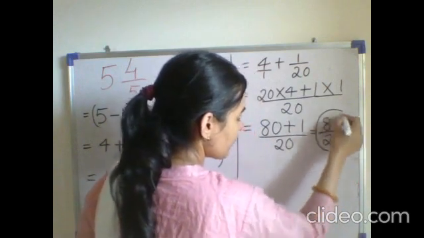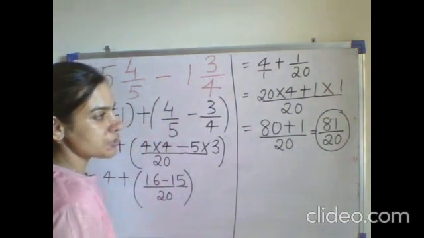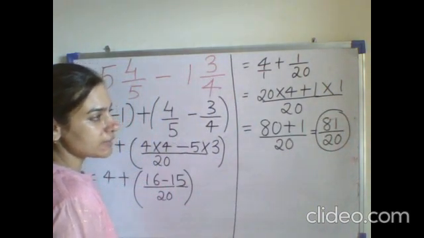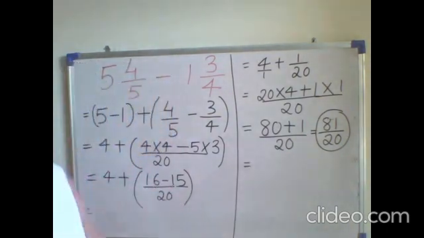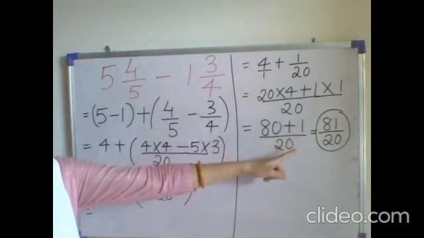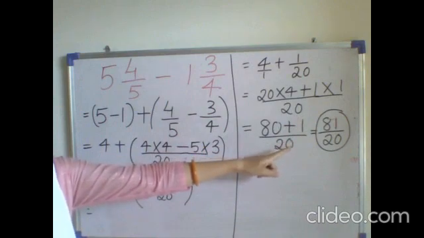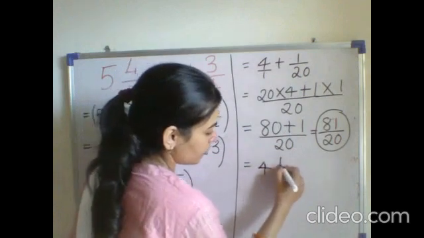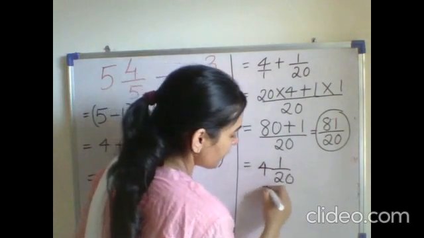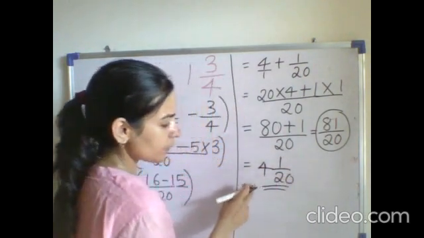Again this type of fraction is an improper fraction. So we have to convert it into a mixed number. So you will be dividing 81 by 20. Then you will be getting the answer in the form of a mixed number.